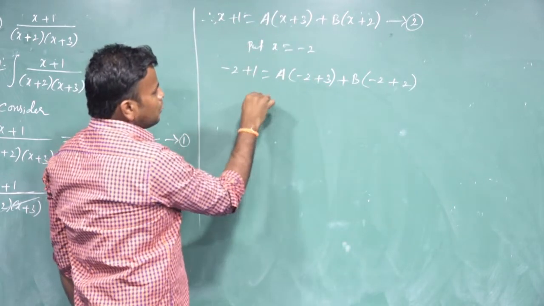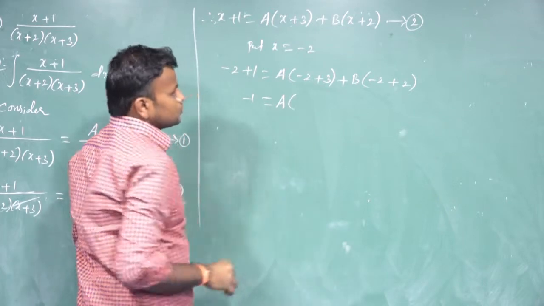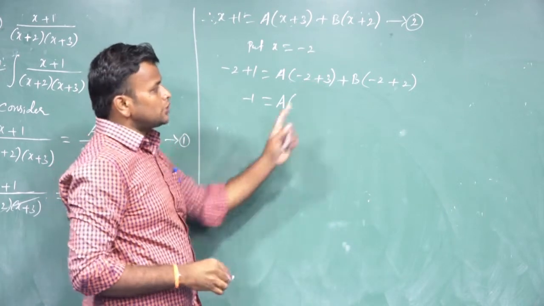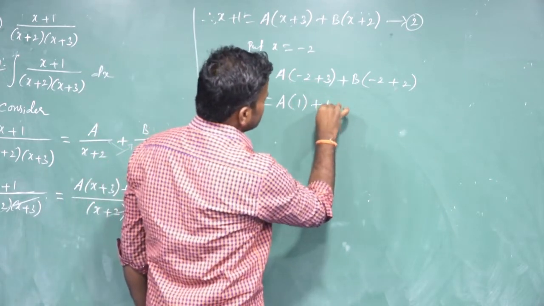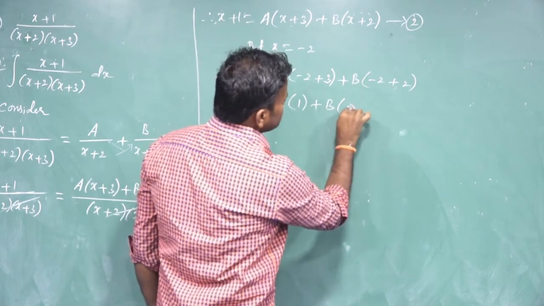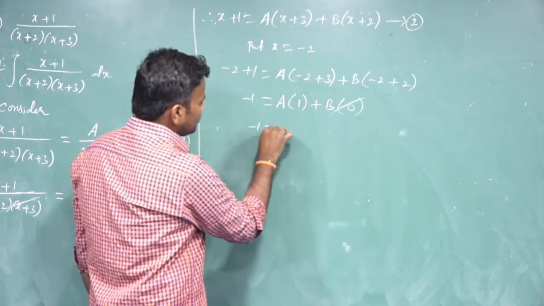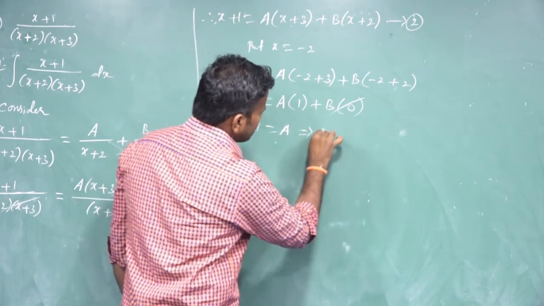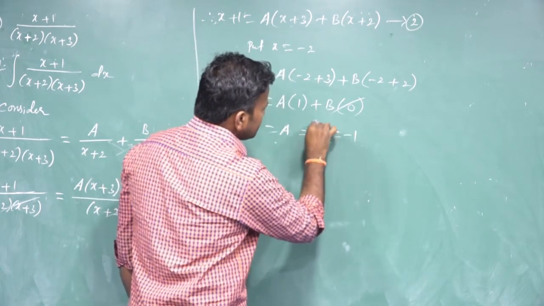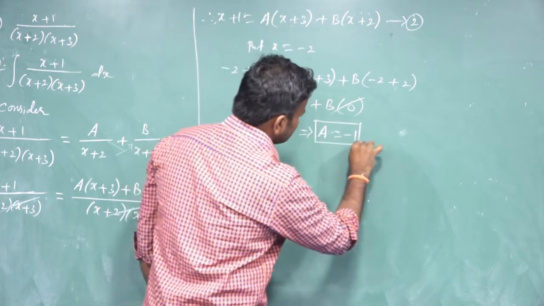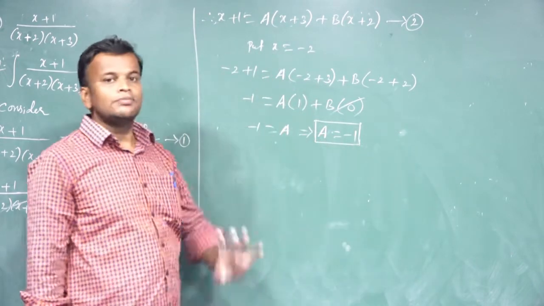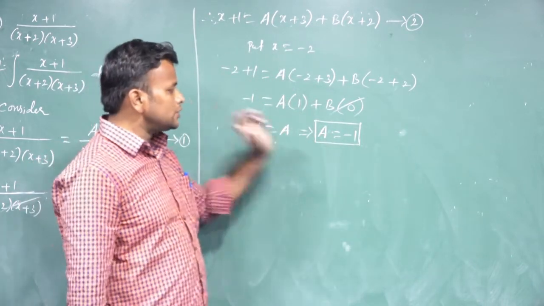Minus 2 plus 1 is minus 1. A of minus 2 plus 3 is a times 1, plus b of minus 2 plus 2 is b into 0, which is 0. So minus 1 is equal to a. The value of a is minus 1, so we find the constant a.